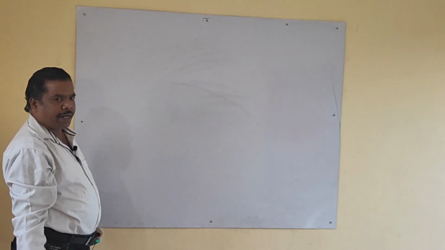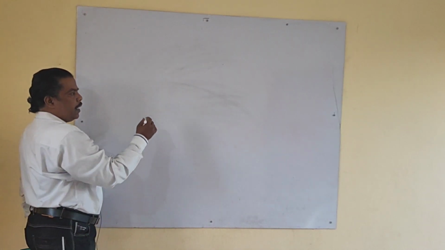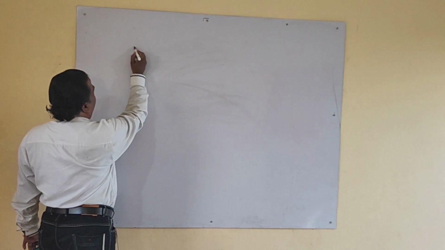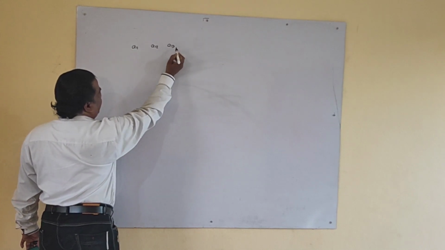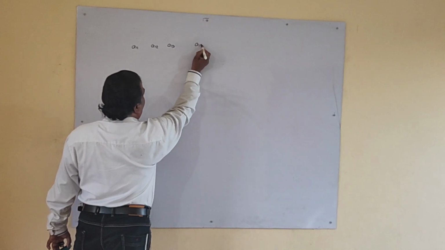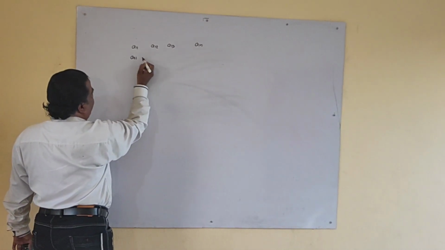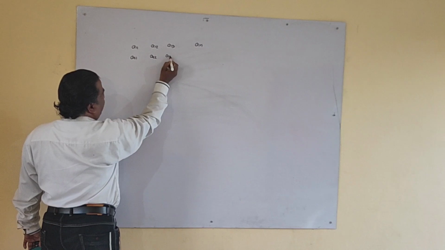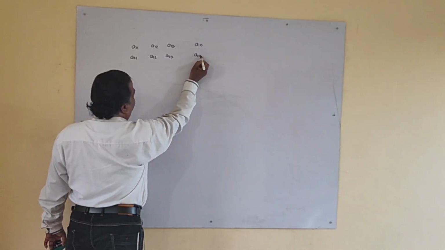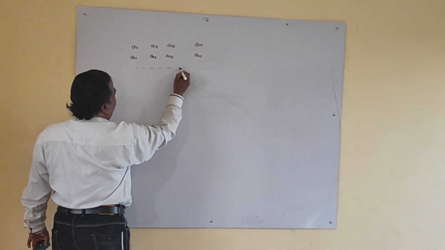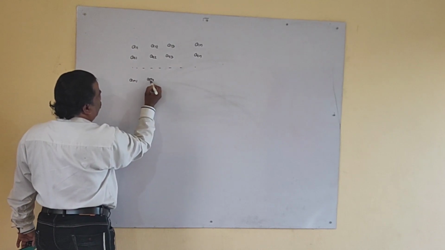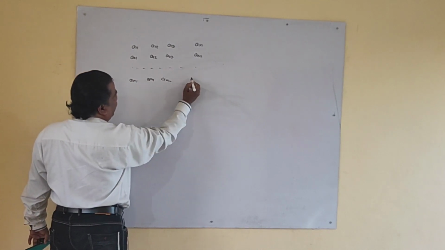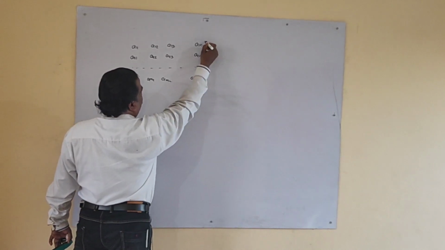Suppose there are mn numbers: A11, A12, A13, A1n; A21, A22, A23, A2n; similarly, Am1, Am2, Am3, Amn.